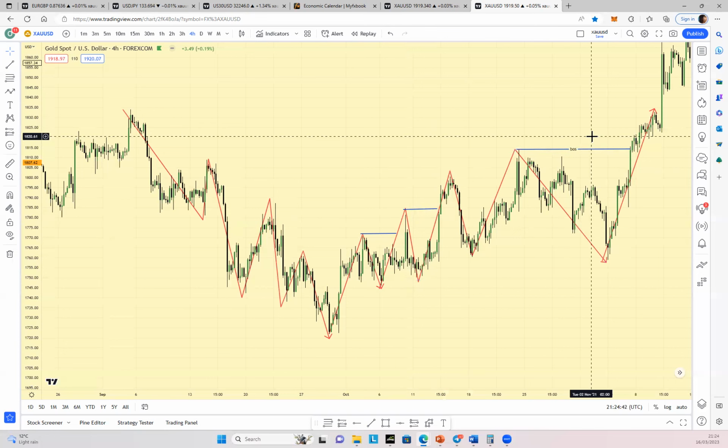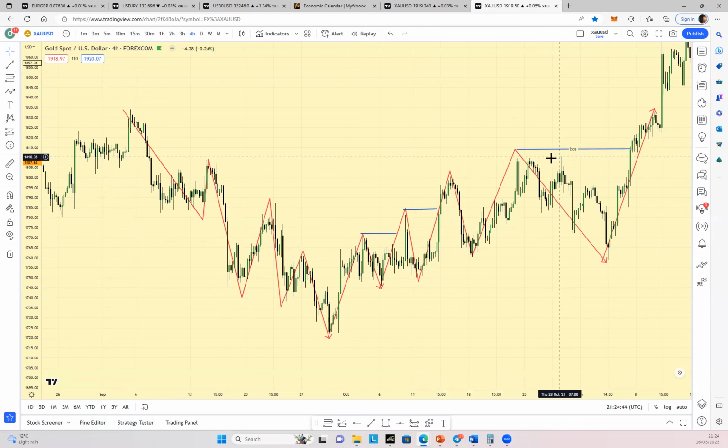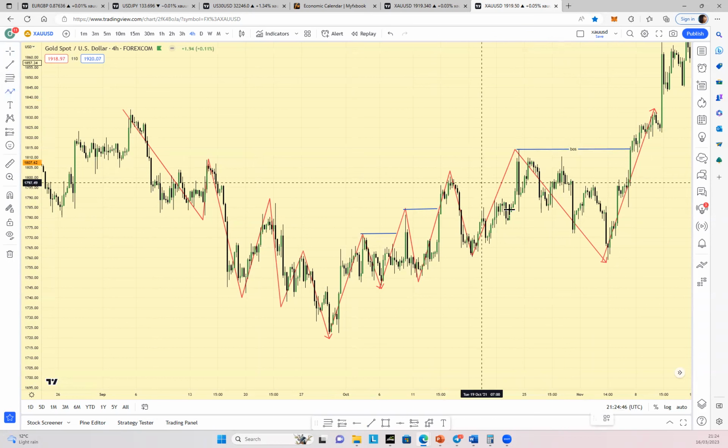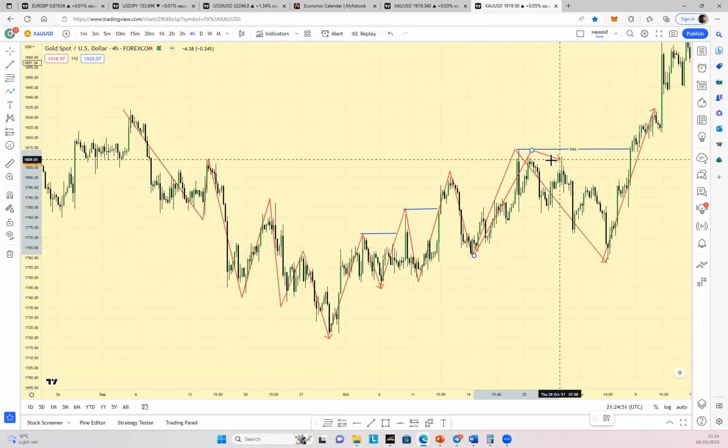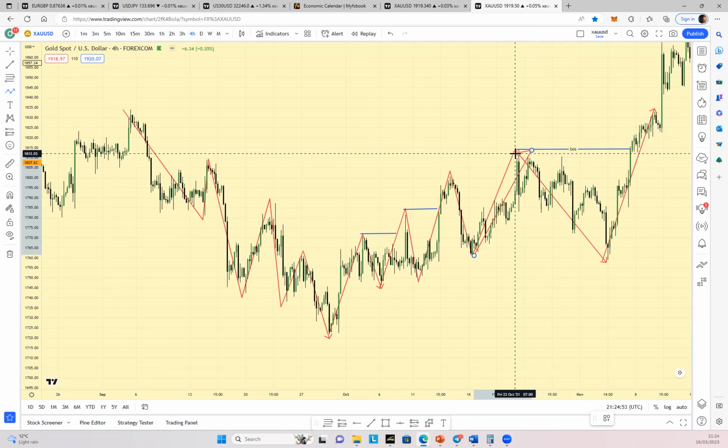And the reason why we did not take this one is that this did not break this last high. Because the price has to break the previous high. Exactly.